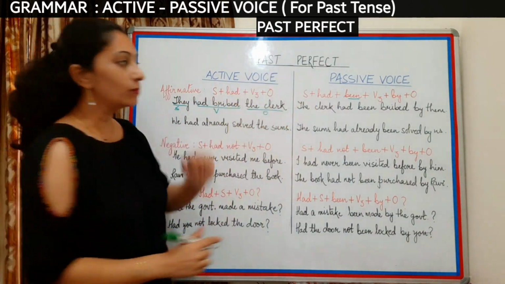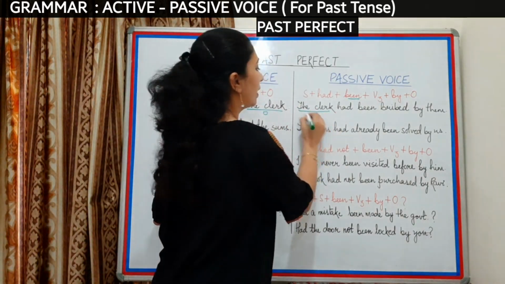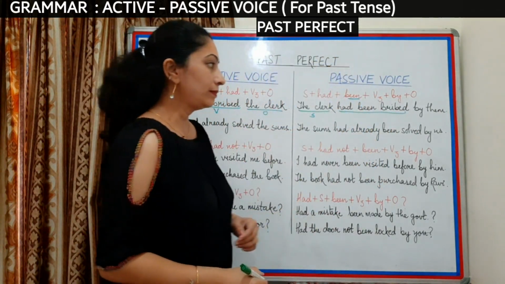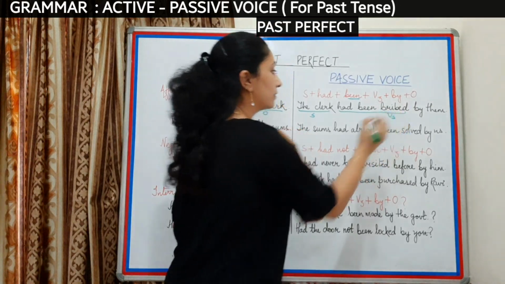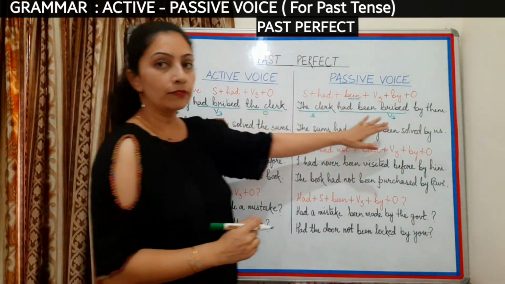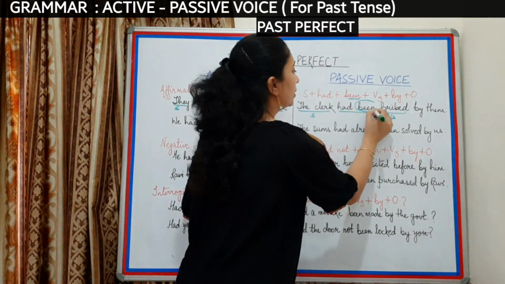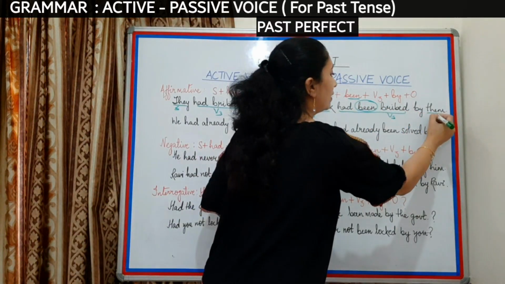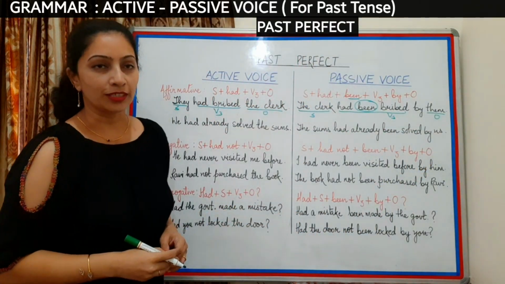Now changing it in passive voice, it will be the clerk as a new subject had been bribed. Now if you see here again it is V3, as in active also it was V3 form. All we have done here is just added a new word been. That's it. And then by becomes the new object.